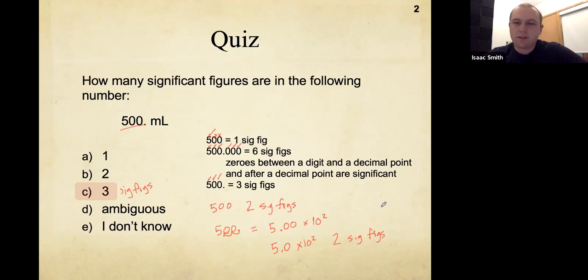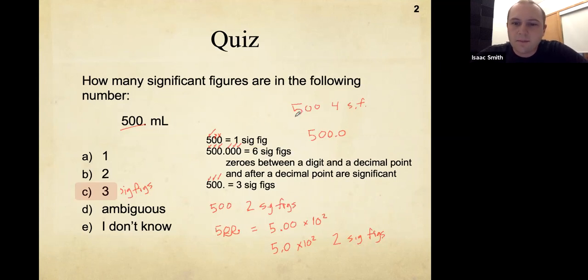All right, so you could even say 4 sig figs, right? Let's say you want to write 500 to 4 sig figs. I'm just putting SF now. Okay, so we can write 500.0. Okay, so that's 500 written to 4 significant figures because all these zeros are now significant.